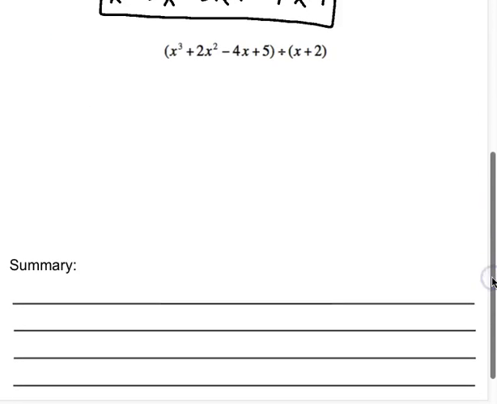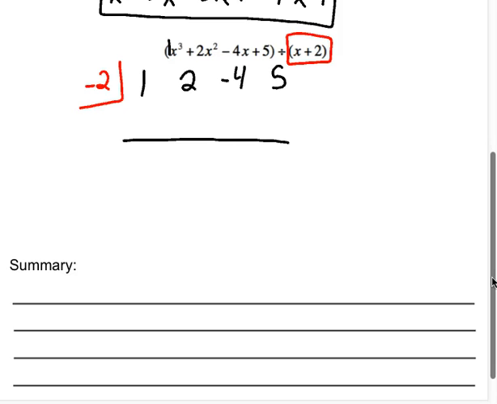All right, one more example before I let you go. Always start here to identify your magic number. In this case, your magic number is going to be -2. Then I start lining up my coefficients. 1x cubed, 2x squared, -4x's, and a 5.